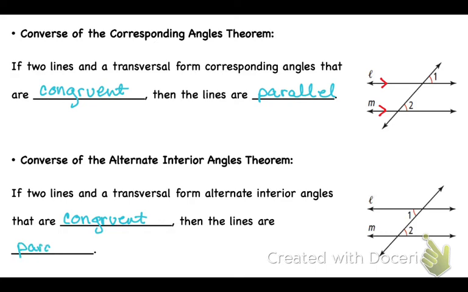Parallel. If they're not congruent, then the lines aren't parallel. So over here, are alternate interior angles congruent? Yes? So that tells me L and M are what? Parallel. So add your little arrows.